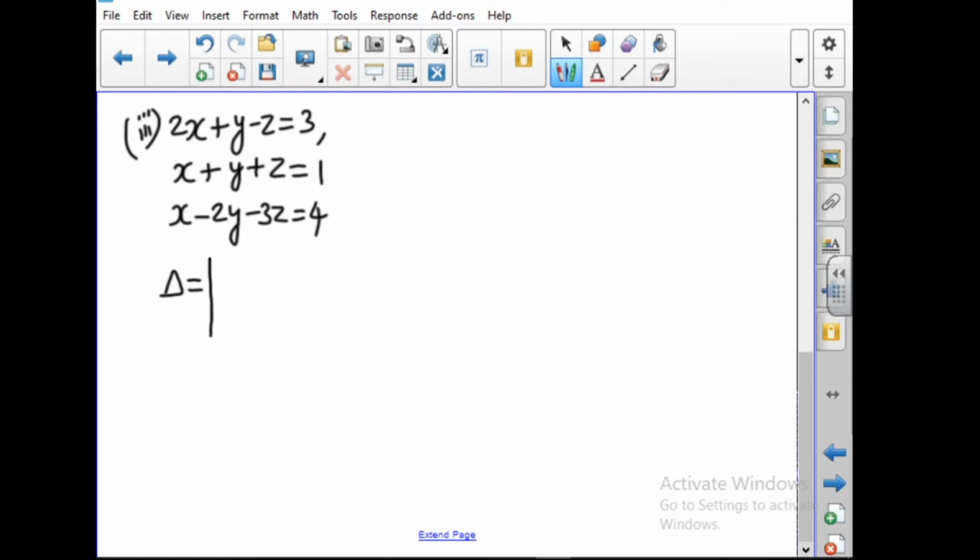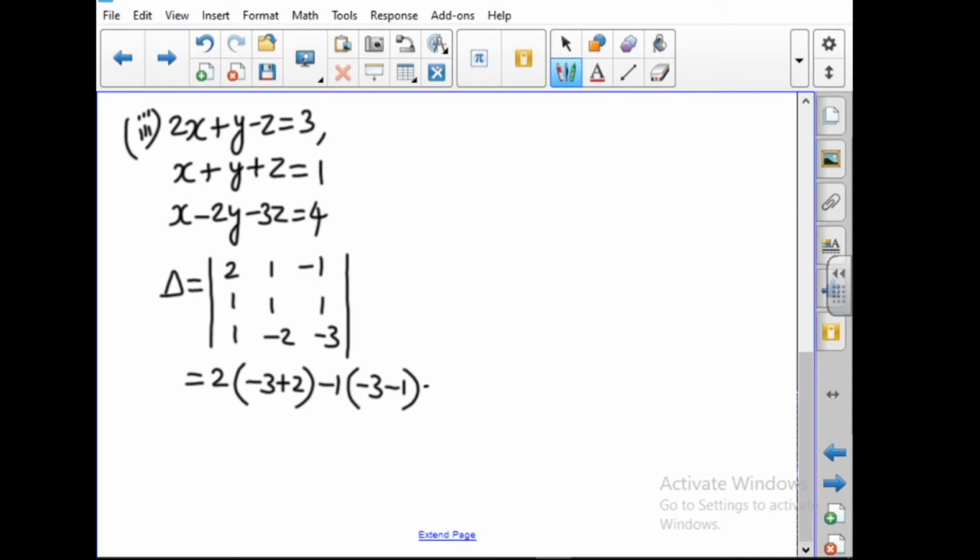Delta is equal to, let us write down 2, 1, minus 1. Next 1, 1, 1. Next 1, minus 2, minus 3. Now find the determinant for this. 2 into minus 3 minus of minus 2, so it will become plus 2. The center value always, minus 1 into minus 3 minus 1.